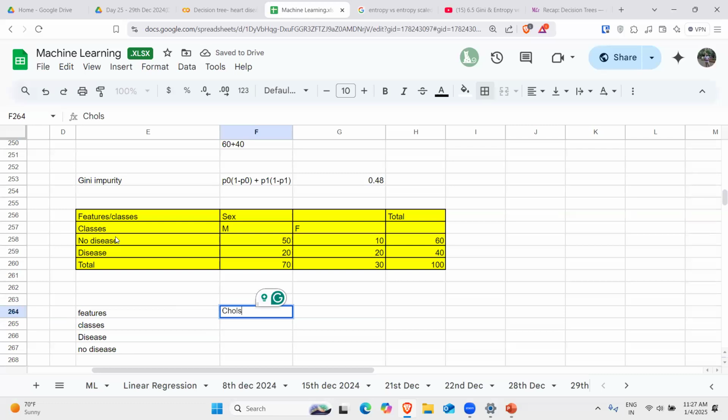Based on the cholesterol level, it is less than 250 or greater than 250.